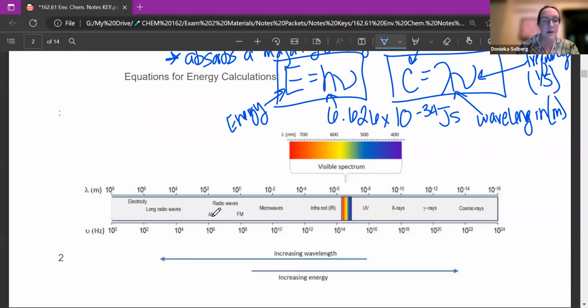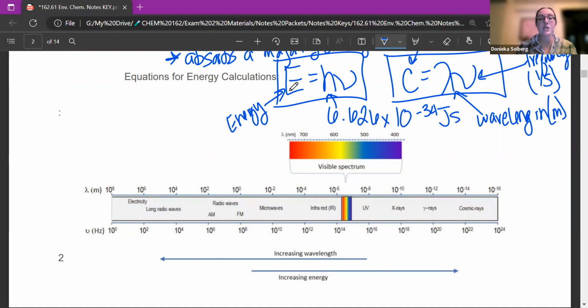As wavelength decreases, so this would be like shorter and shorter waves. Radio waves are very, very big, 10 to the second meters, down to infrared. And then the visible spectrum is right in here. And then UV, X-rays, gamma rays, and cosmic rays. These are much more damaging, okay?